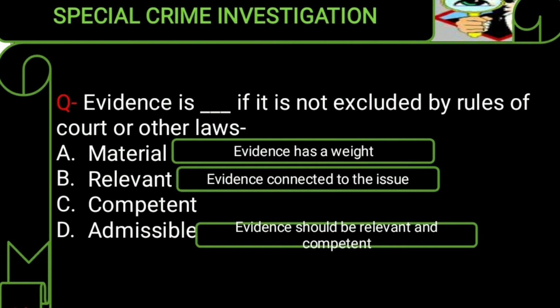And take note also, the evidence should have a weight. It should not only be admissible, it should also be material. It should be able to prove something in the case under investigation. Okay? So next question.